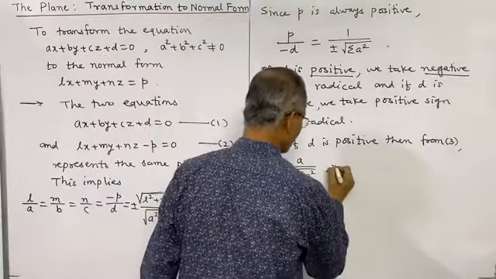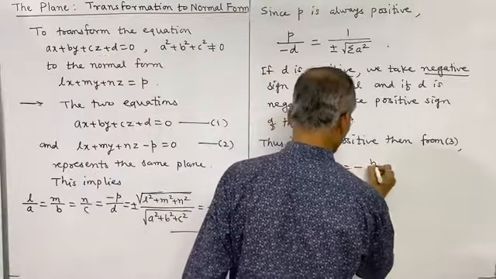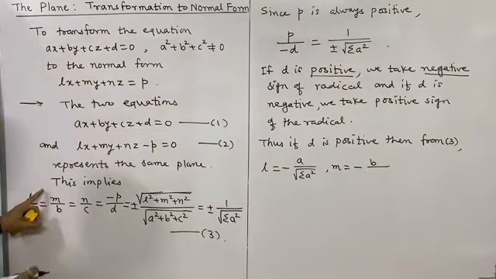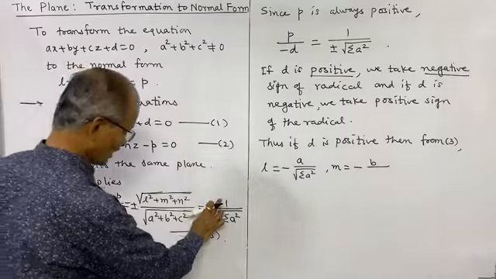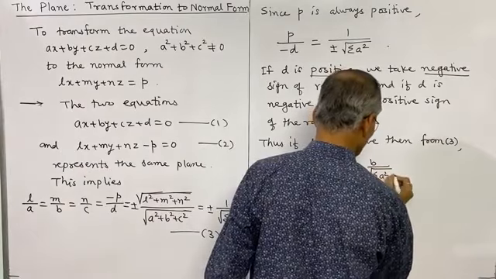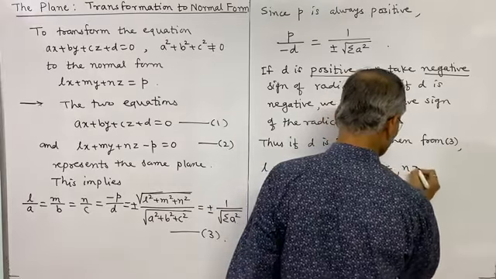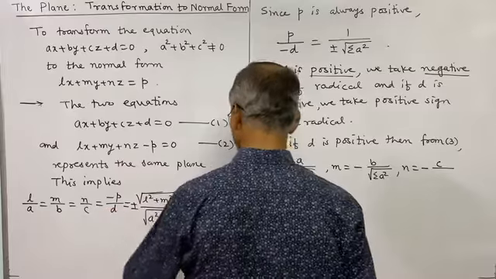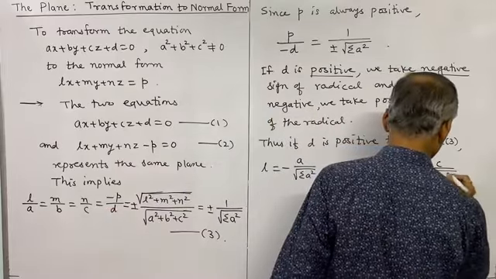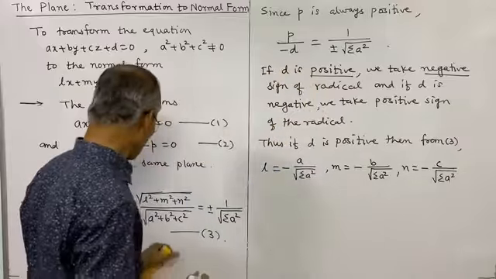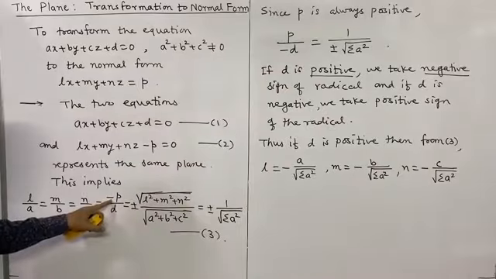And what is M? M will be negative B divided by the square root of summation A square, and N is negative C divided by the square root of summation A square. And further, what about the last, P?